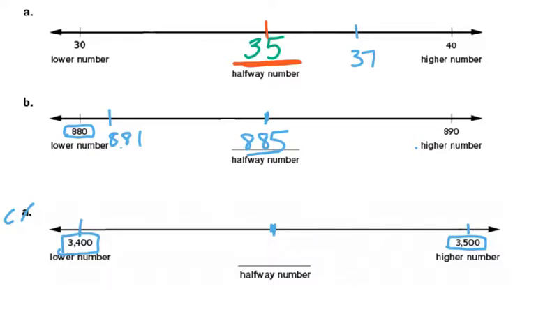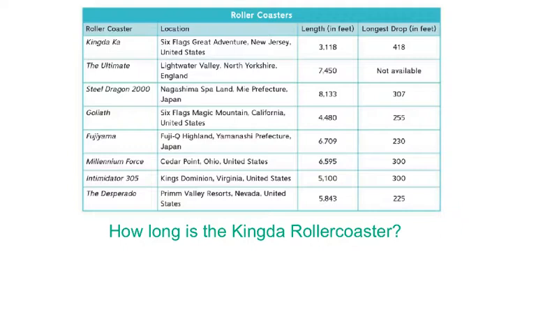What would be halfway between 3,400 and 3,500? Here's a clue. What's halfway between 400 and 500? Pause the video, write it. Halfway, boys and girls, would be 3,450.